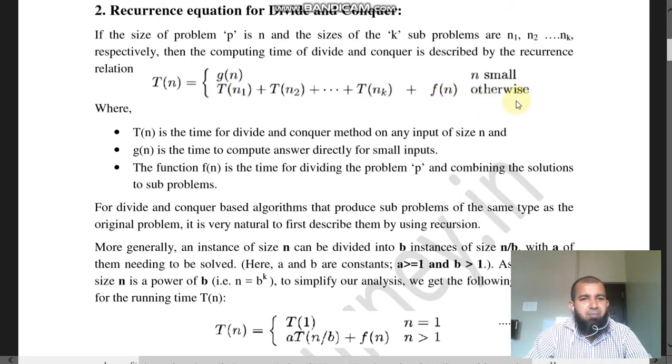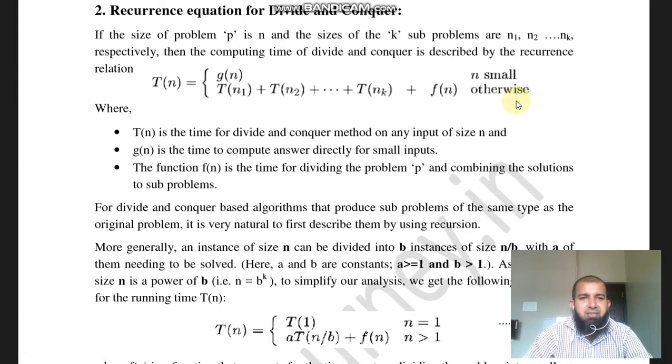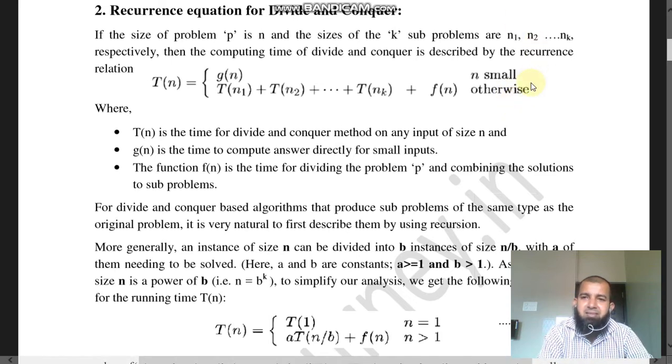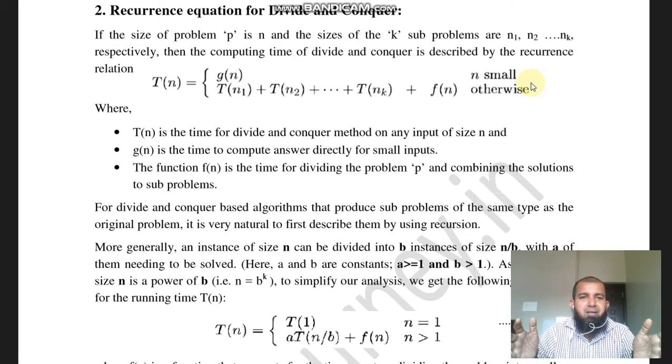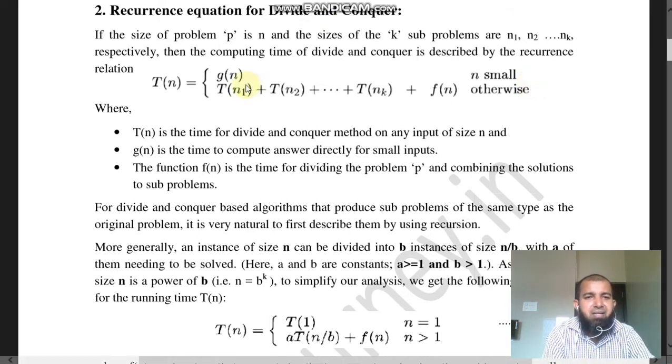So P is the problem, the size of the problem is n, and the sizes of the subproblems are n1, n2, n3 like this. Then you need to find the computing time of divide and conquer, which is described by the recurrence relation T of n.